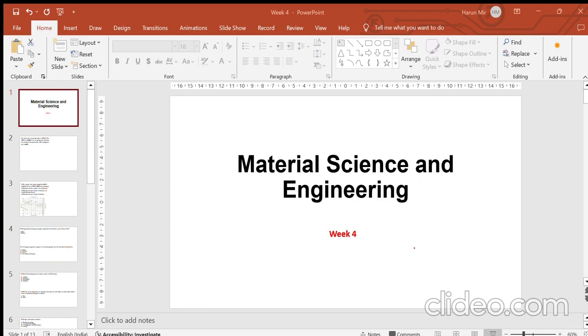That is the answer, 144 kilojoules. The answer is yes, 144 kilojoules, right? It is actually kilojoules per mole, right? So this is your answer.